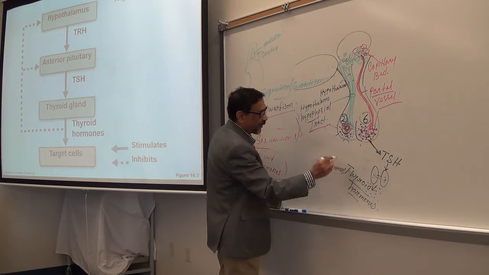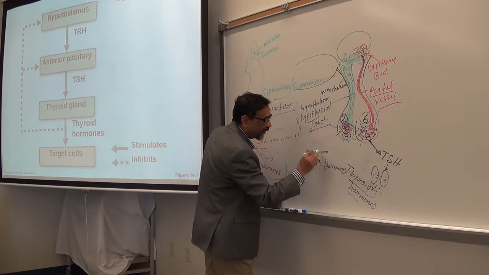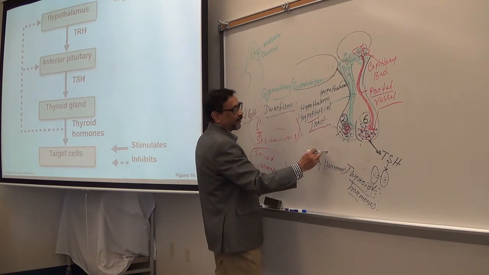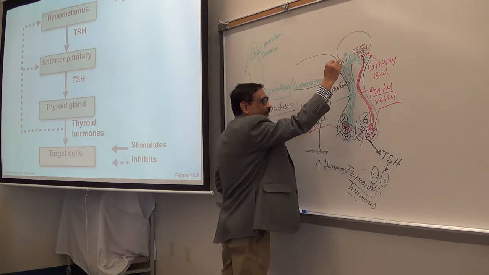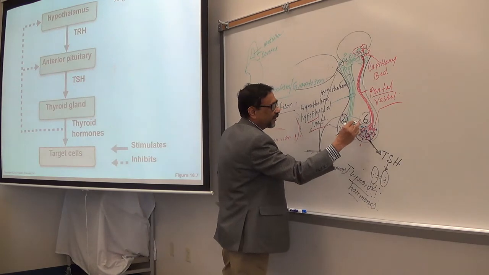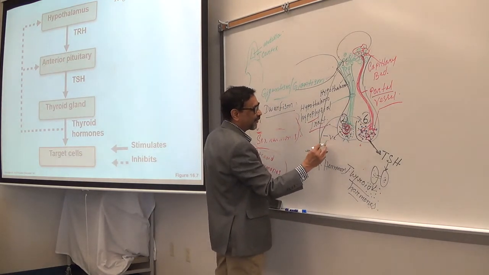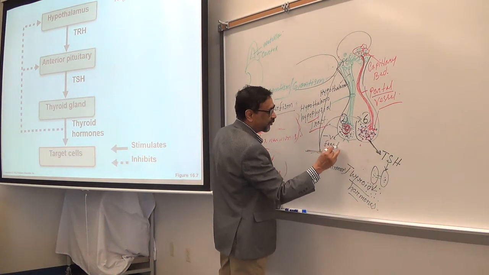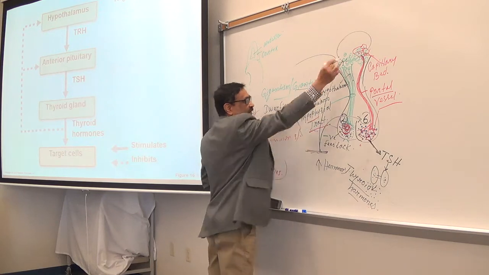When it reaches a certain limit or level, then inhibition will go to the hypothalamus and the pituitary. Negative feedback. That means an inhibitory signal.